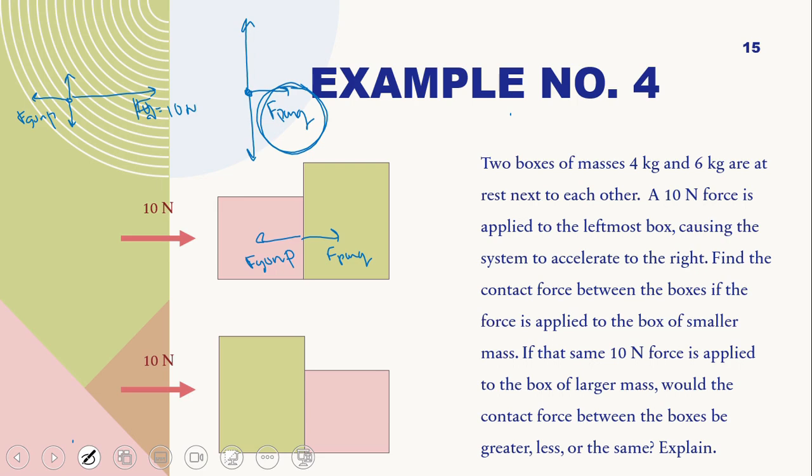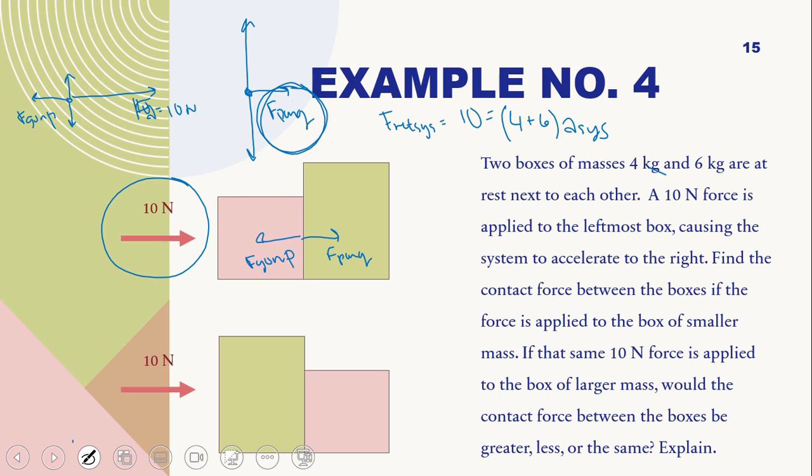Okay, so we need to find the acceleration of the system as a whole. The F net of the system as a whole is this 10 newtons. Because remember, the contact forces are internal and our vertical forces are balanced, so that's the only force on our system as a whole. So F net sys is equal to 10 newtons, and that's going to equal the mass of the whole system, which we'd have to add the masses of the individual boxes, so 4 plus 6, times the acceleration of the whole system.